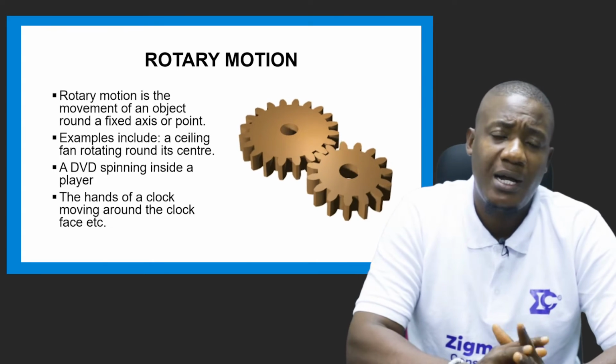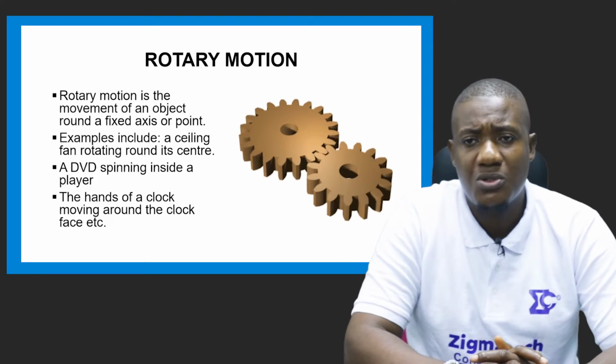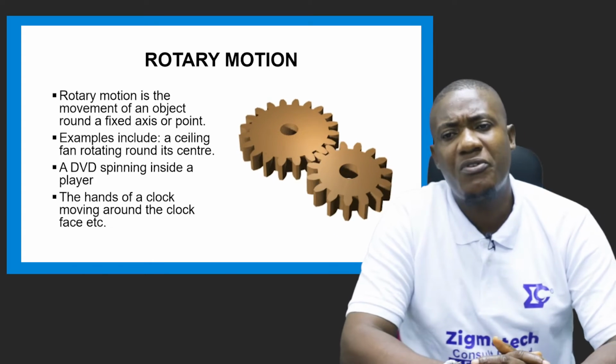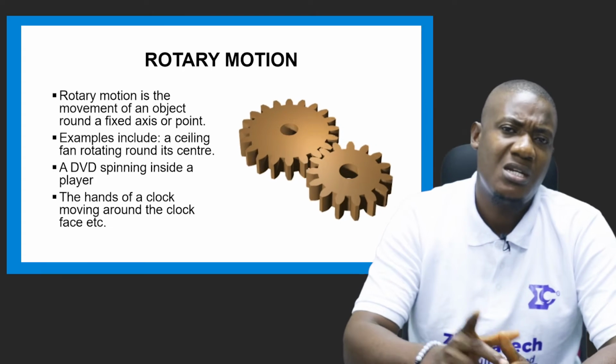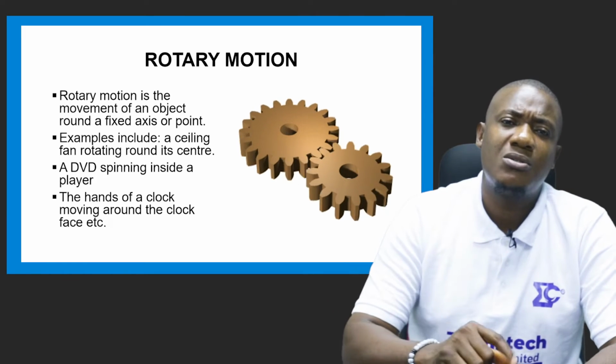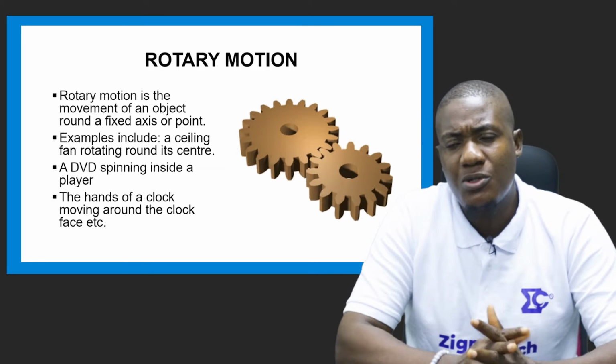The ceiling fan you have, turning around its axis, is typical of rotary motion. We have even the hand of a clock moving around the clock face, which is also rotary motion. The earth rotates around its axis, which is also a rotary motion.